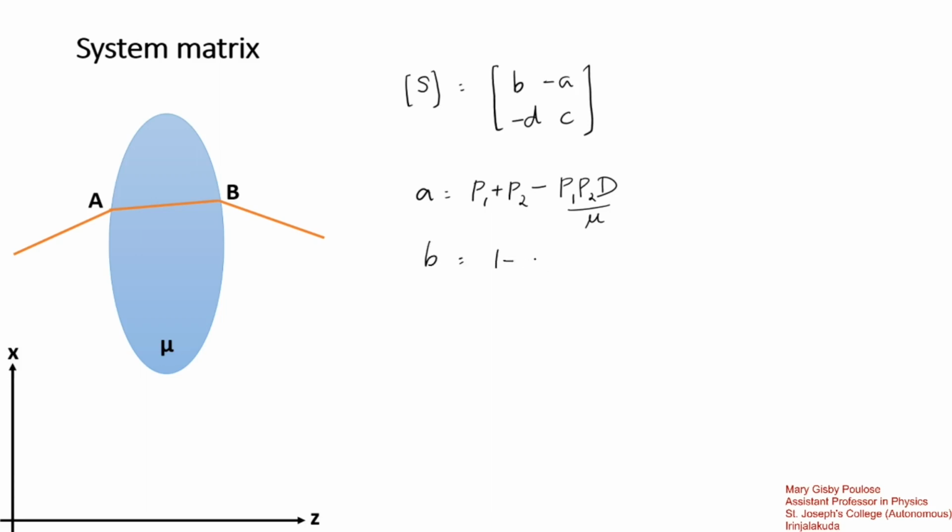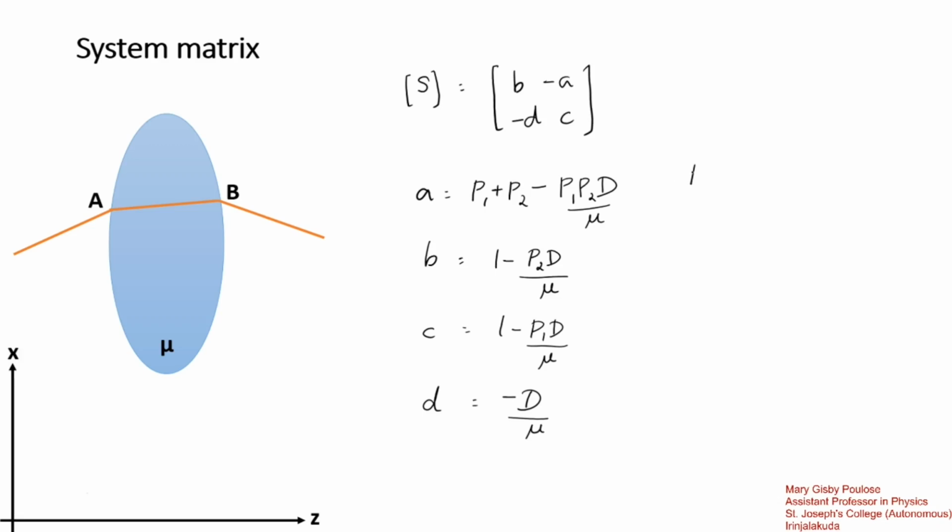B is equal to 1 minus P2 D by mu. C is equal to 1 minus P1 D by mu, and D is equal to minus capital D by mu.